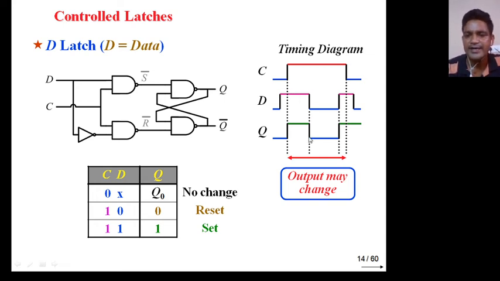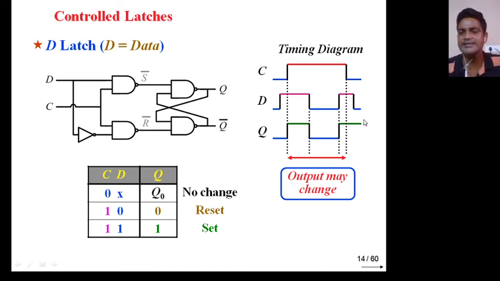Now check here, the value of D is 0, so output is 0. Again here D is 1, so it is 1. Now you can see in one clock pulse output is changing many times: 1, then 0, then 1.